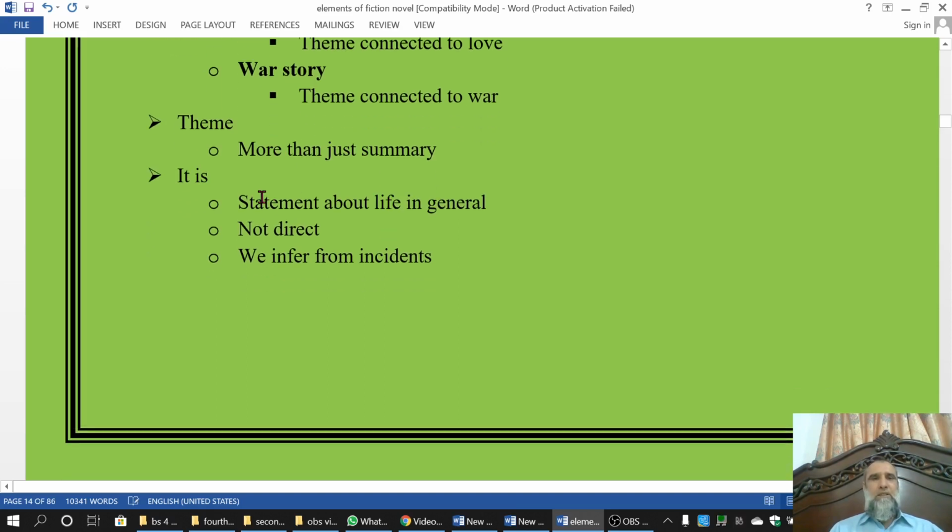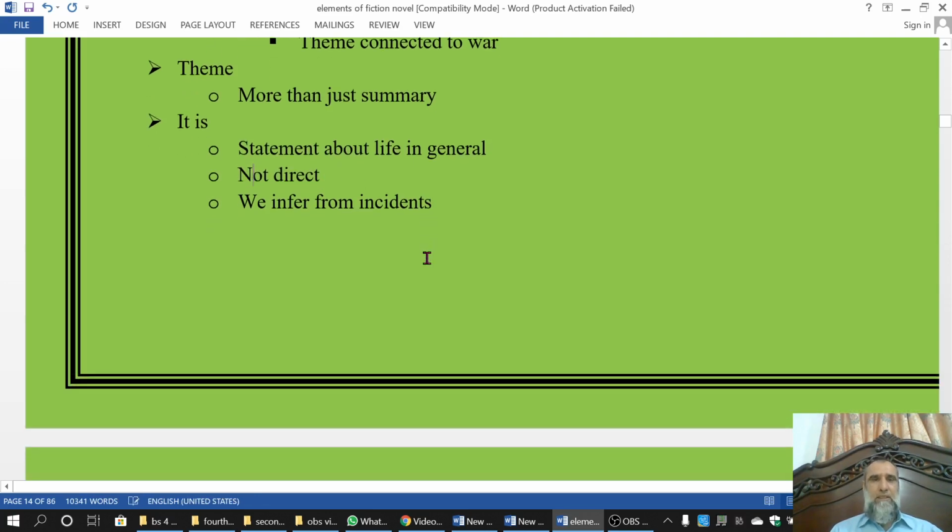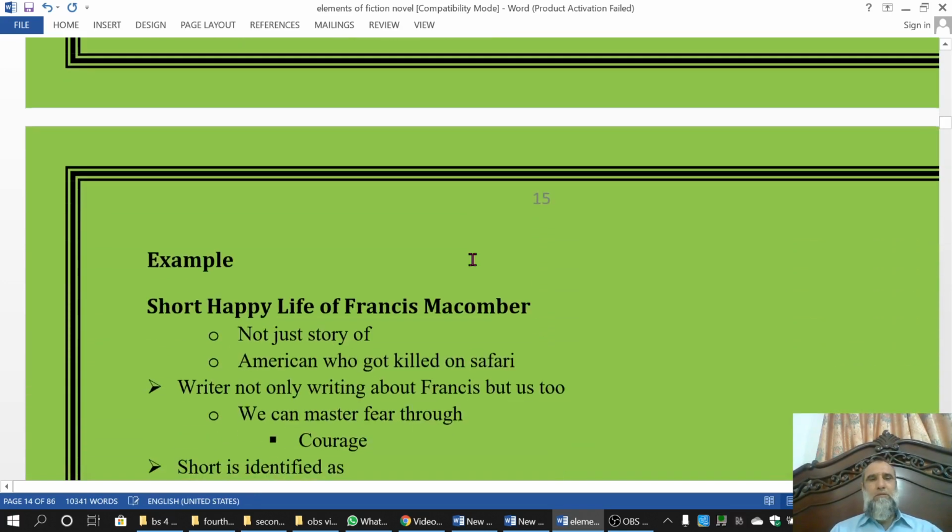It is actually a statement about life in general. This statement is applicable to life in general, but it is not given to us directly in the story. It is quite indirect, and we infer this theme from the incidents which we read about.